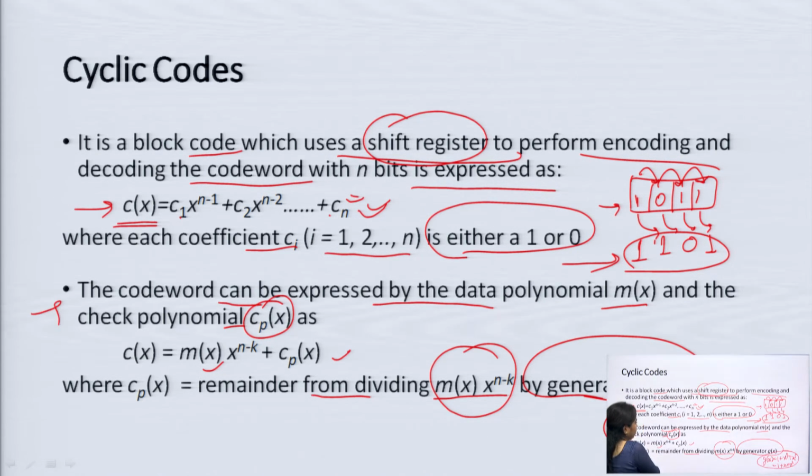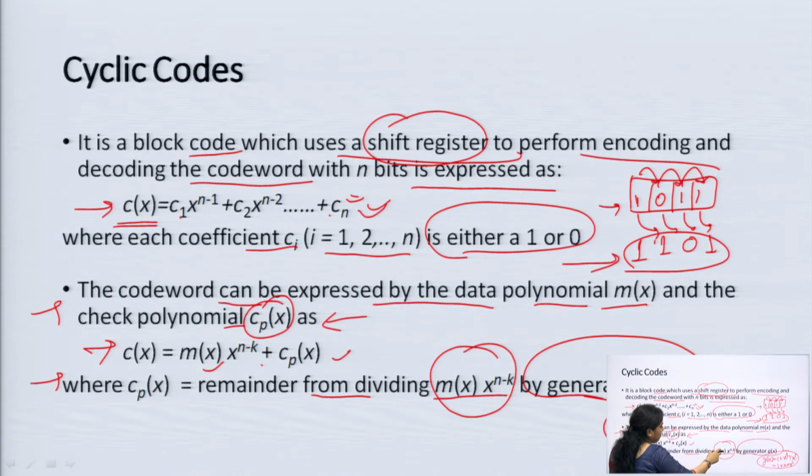The code word can be expressed by the data polynomial, denoted by m(x), and the check polynomial, denoted by Cp(x), which is given by C(x) = m(x) x^(n-k) + Cp(x). This is how the check polynomial will be generated, where Cp(x) is nothing but the remainder from dividing m(x) x^(n-k) by the generator polynomial, denoted by g(x).